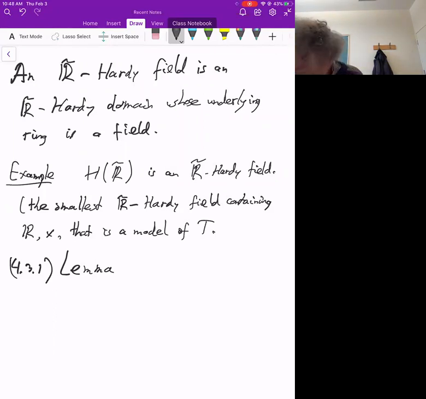Lemma: Suppose D is an R tilde Hardy domain.